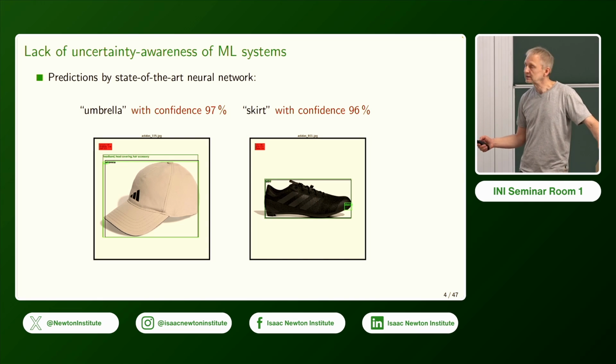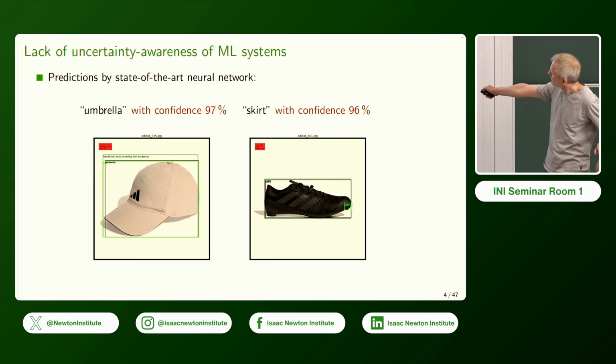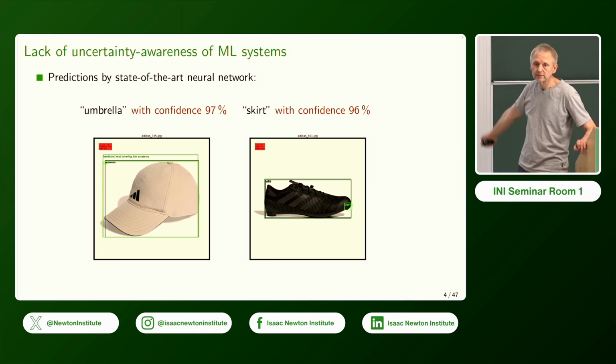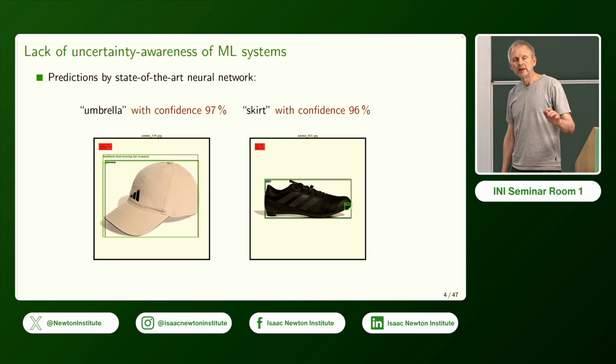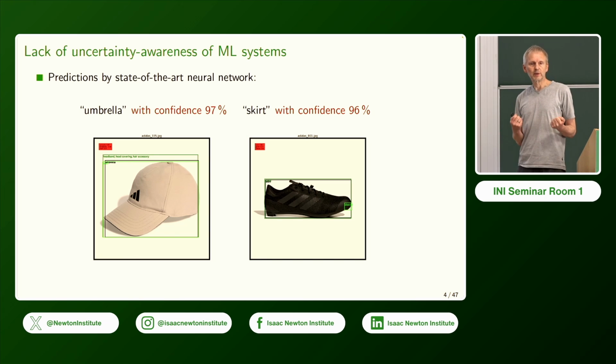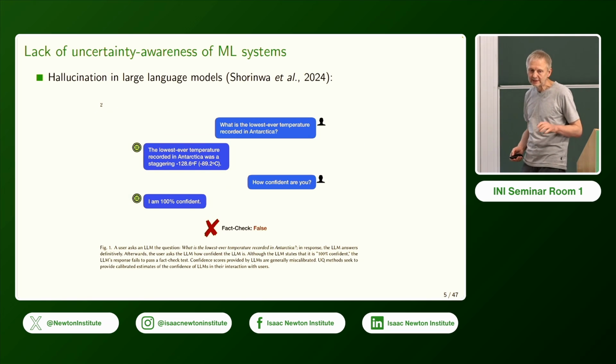The problem here is that the neural network does not only predict incorrectly, but it at the same time reports a very high confidence. And this is not what we want. This is not what we call uncertainty aware. So we would prefer to have a predictive model that is uncertainty aware and actually notices when it's in a situation where it doesn't know enough to make a confident prediction. And this is exactly what does not happen here.